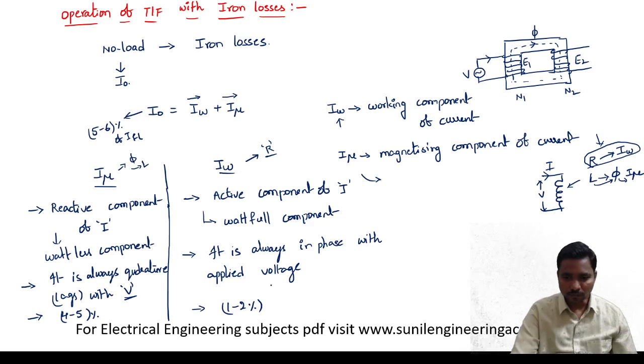So we can represent this I mu in a simple manner, as an inductor. The current flowing through this inductor is I mu. Here the I mu is to get the magnetic flux, so it is a magnetizing component and it is purely inductive, or you can say reactive.